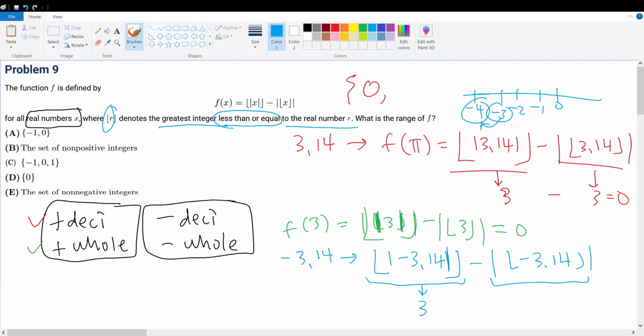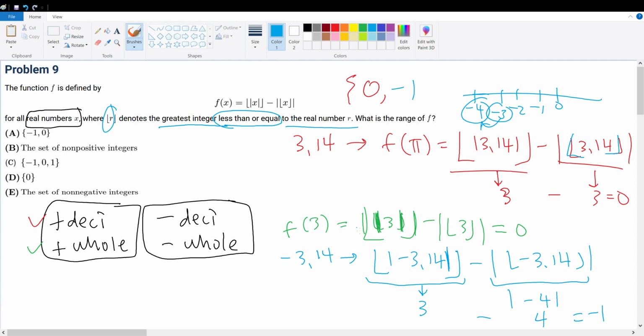It cannot go up, because if we do that, that's larger. We always round down. So if we round negative 3.14 down, the rounded down number must be less than negative 3. So this becomes negative 4, and the absolute value becomes 4. So 3 minus 4 gets negative 1. So we have negative 1 right here.